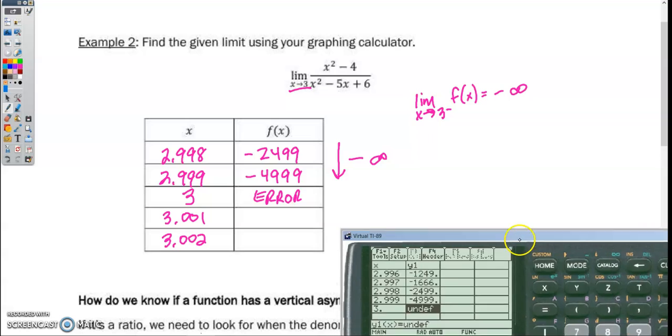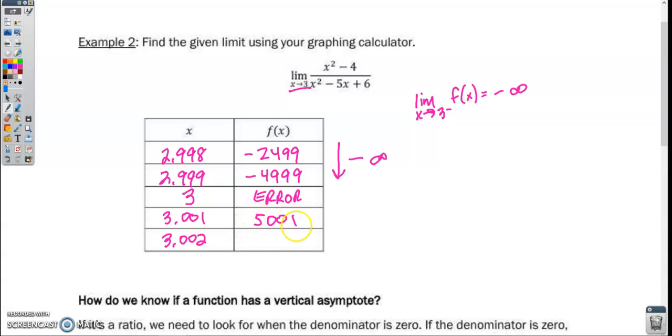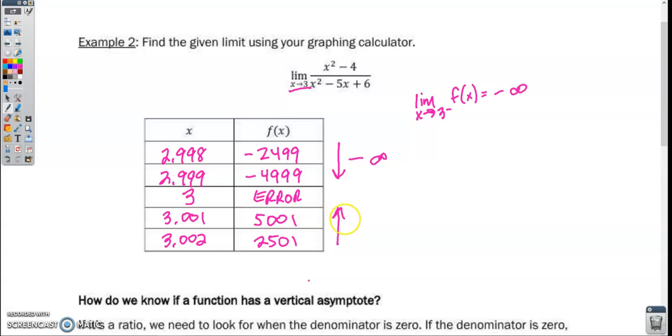Looking at the rest of the data in our table, if we go to the right side now, a little too far, 5001, 2501, you see if we move away from here, we've got a similar situation. The numbers as we get closer and closer to 3 are growing bigger and bigger, but in this case now they're growing in the positive direction.